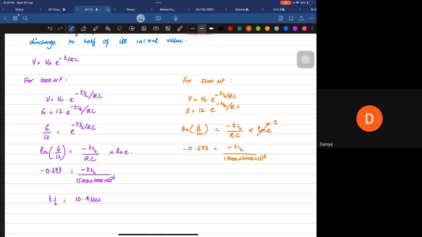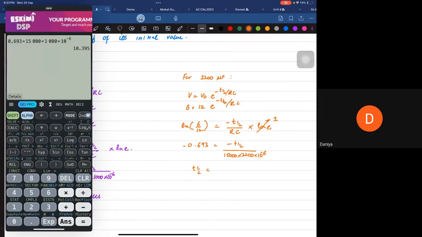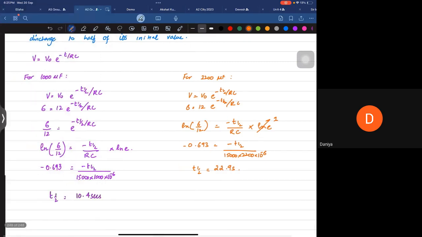So T half is going to come as 0.693 multiplied by 15,000 times 2200 times 10 to the minus 6. It's going to give you about 22.9 seconds. Is it clear, everyone?